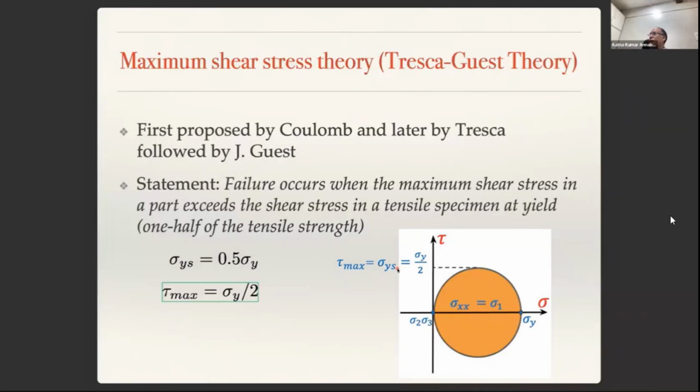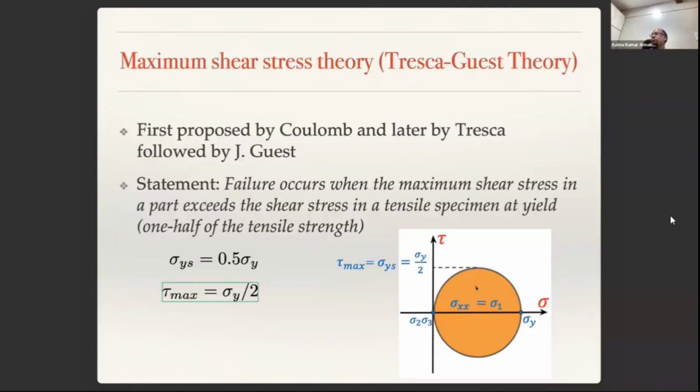Now if you draw the stress-strain diagram, and draw the Mohr circle for your state of stress, and let us say you have applied the load up to here, then the Mohr circle will become something like that, and the maximum shear stress will be somewhere here, which is less than sigma y by 2, and hence it will not fail.